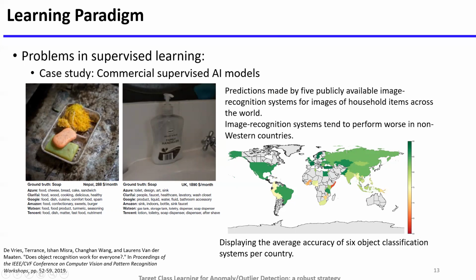If we take data from such a large community, they may have different presentations of that particular scenario. Although it is a soap, it was misclassified by many of the classifiers because of the variety of instances across a wide range of geographical locations and their representation. So that is again a problematic issue.